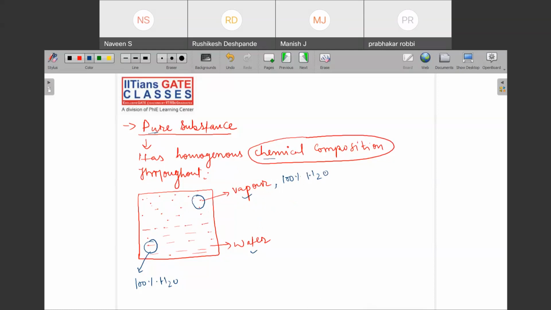Why? Because it has homogeneous chemical composition. Wherever you pick some amount of that substance and try to identify the chemical composition, you will find that it is nothing but 100% H2O. Okay, so this is called pure substance. Okay, and let us say that you are analyzing any gas.